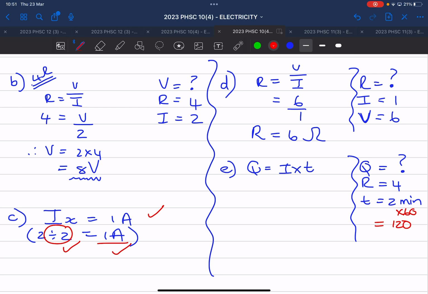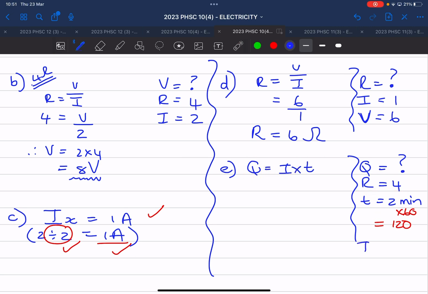Alright, people. Right, then Muau. We have the time check. They want Q, but we need the current. They speak about what is the charge that passes through the 4 ohm resistor in 2 minutes. What is the current that we're going to fill in there?